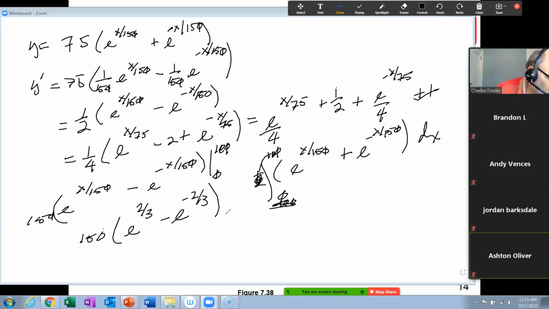Now let's see if that even makes sense. The towers are 200 feet apart. You've got some dip in it, so the line between them has to be greater than that. 215 feet does give you the right answer.